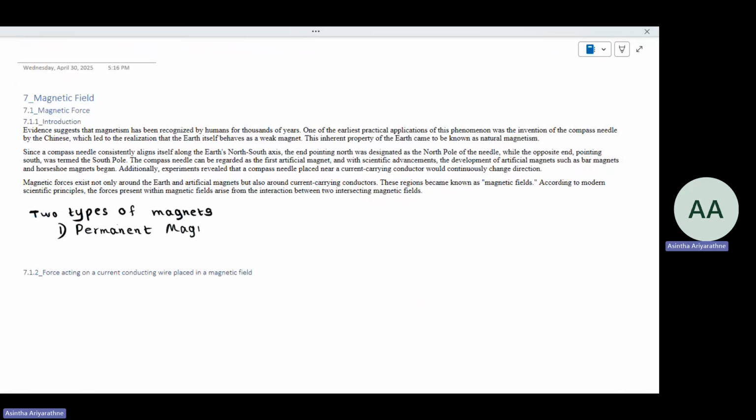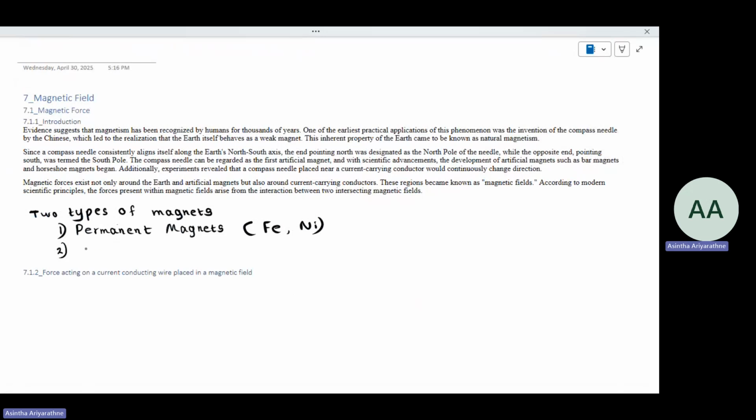Permanent magnets are basically the magnets which can be found naturally, for example bar magnets and horseshoe magnets. They are normally made of ferrous material or nickel, consisting of iron or nickel as the substance.